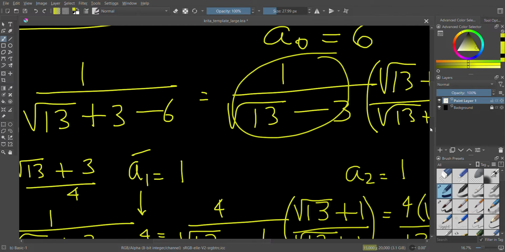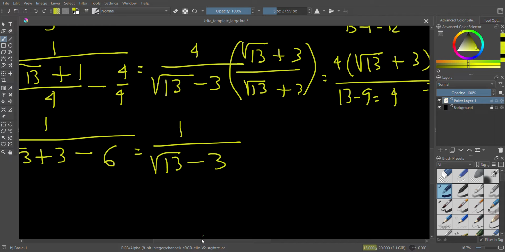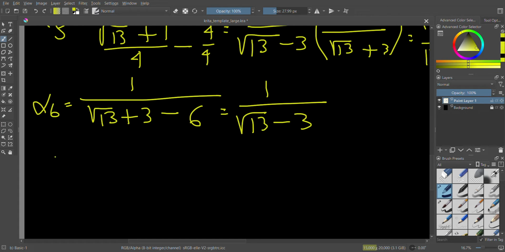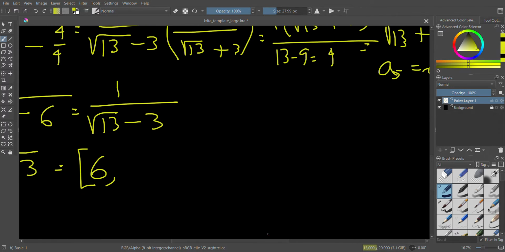So we have a repeat now. We've gotten to the point where we have our fully repeated fraction. And 3 plus square root of 13 is equal to 6. And then if we look at our A's, we hit 4 1s and we hit a 6.